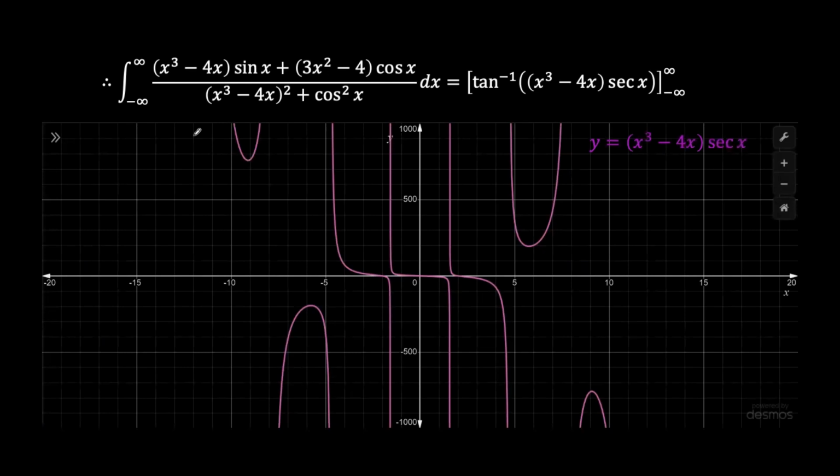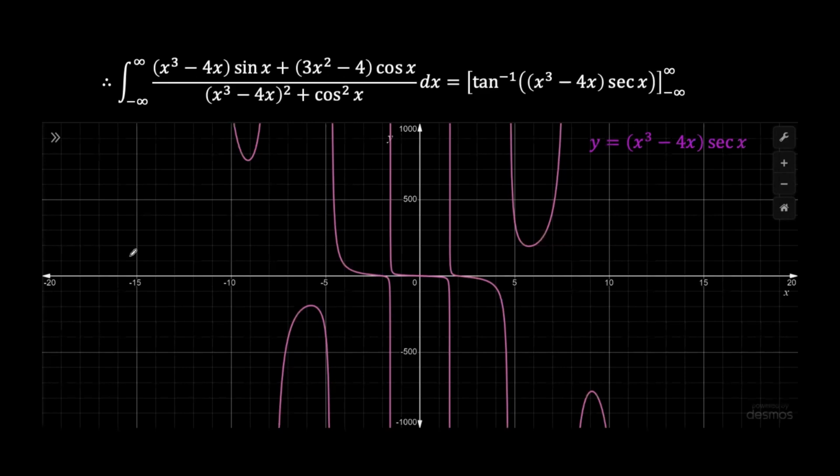So this flip-flopping rapidly goes to infinity, and the crossing of 0 happens at x equals negative 2, x equals 0, and x equals positive 2. Now, in the negative direction, the arctangent of this function is going to tend to negative pi over 2.